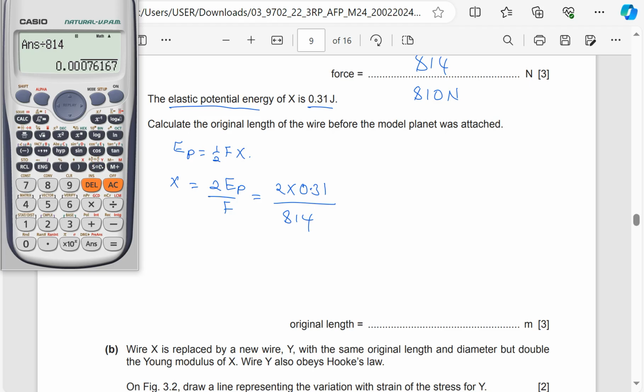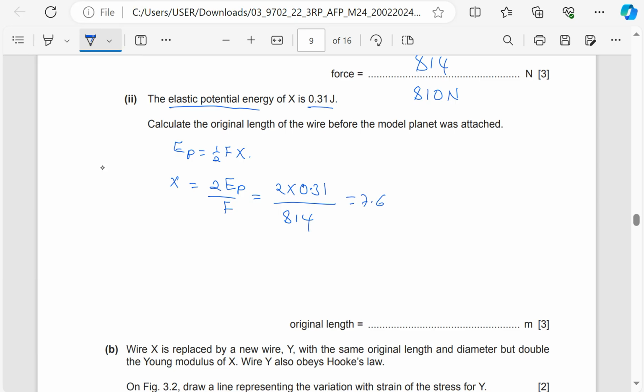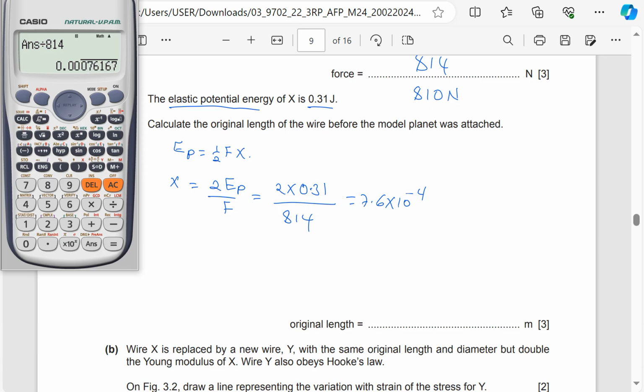So this is giving me X as 7.6 times 10 to the power of minus 4.